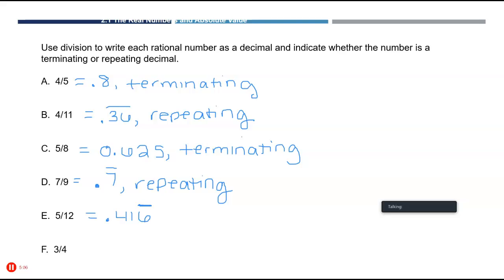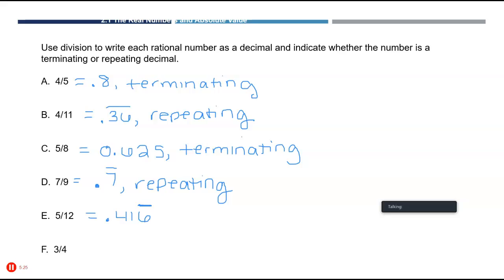So that's why fractions are so important, because when you plug in a fraction that's a repeating decimal, you're going to get a different answer than if you plug in the decimal version of the fraction.